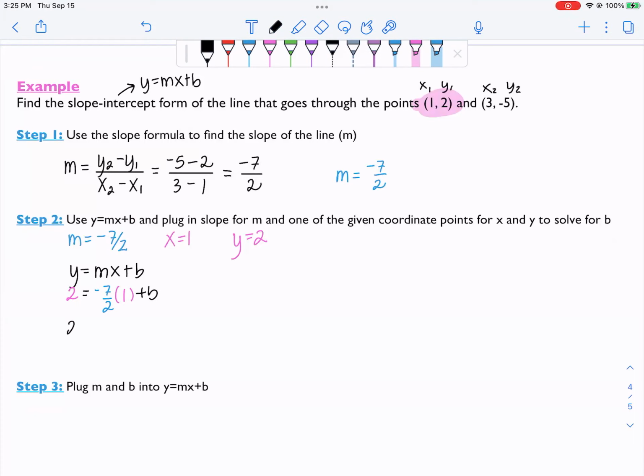So we get 2 is equal to -7/2 plus b. If I add 7/2 to both sides, that's going to give me 11/2 is equal to b. B equals 11/2.